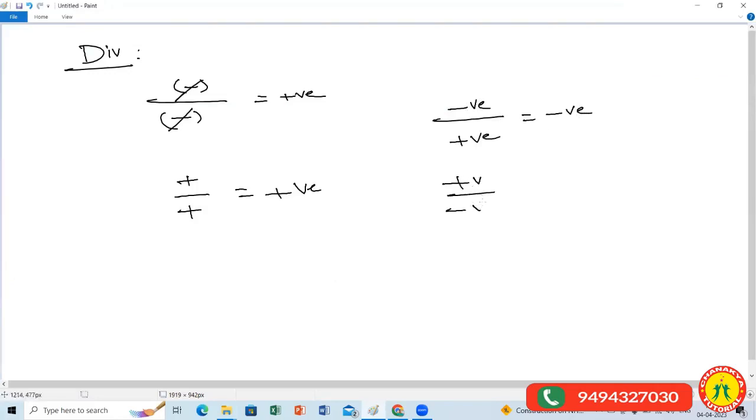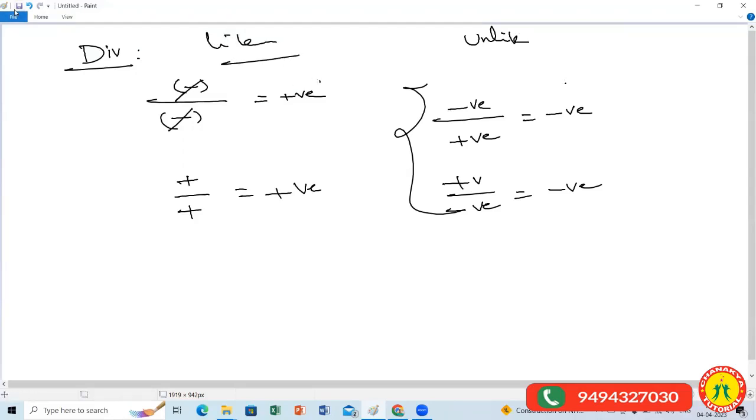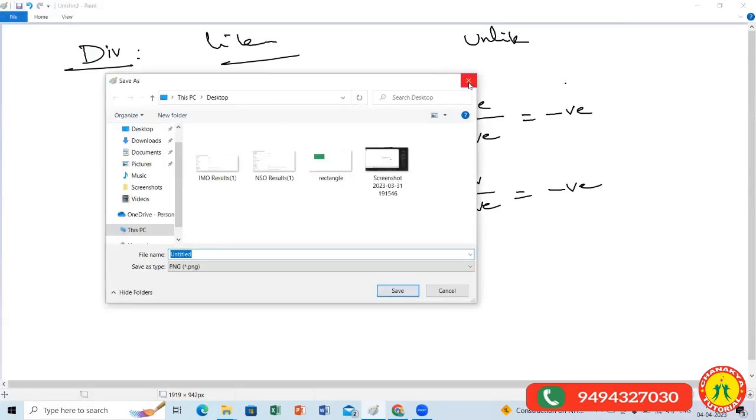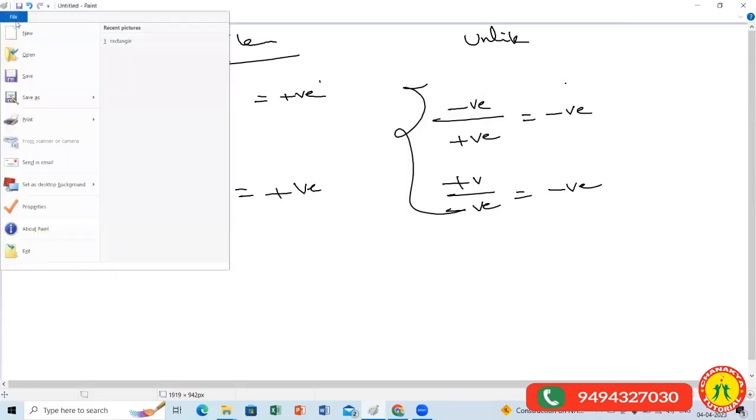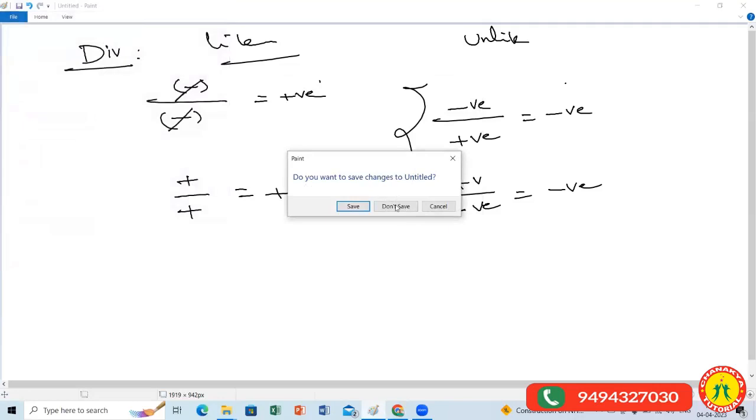Positive divided by negative is negative. That means unlike signs give negative, like signs give positive. These are the basic things, children. Please remember, very important. In subtraction, minus of minus becomes plus, so you may get a positive.